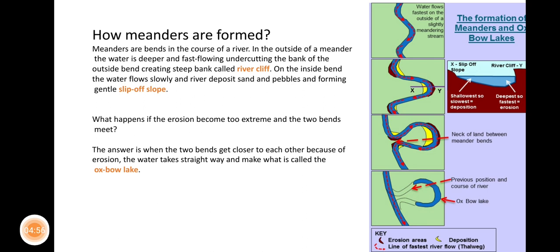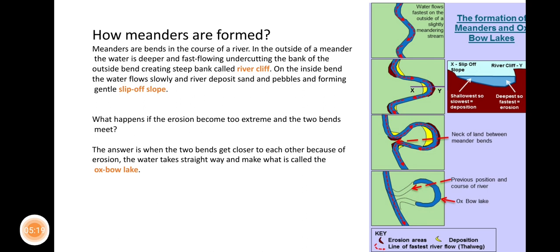On the inside, the water is very slow and the river deposits its fine materials, the materials that it is transporting. What happens if the erosion becomes too extreme on the bends? You can look at the diagram, look at the bend.